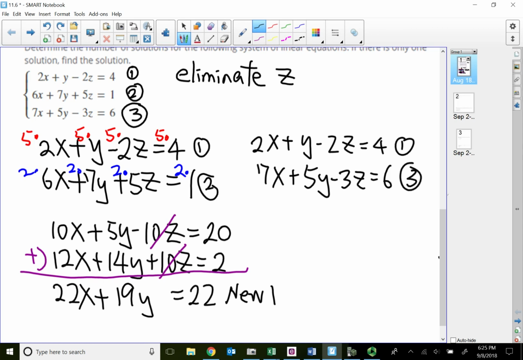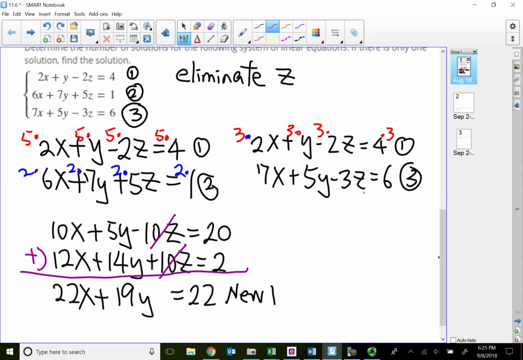All right, so I picked 1 and 2 earlier. I could pick 1 and 3, or I can pick 2 and 3. It doesn't really matter. The reason why I pick 1 and 3 is because the multiple of 2 and 3 is only 6. So I'm going to make them into 6z. The first equation, every term got to be times 3.